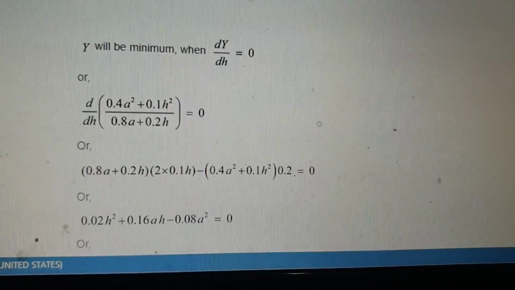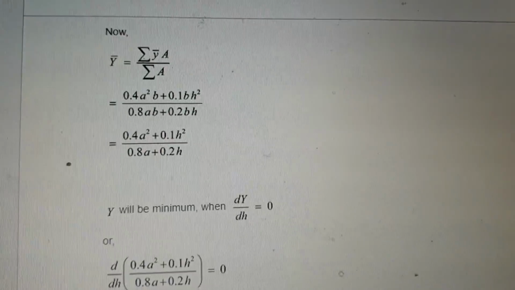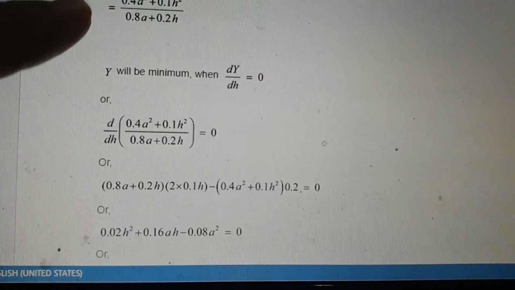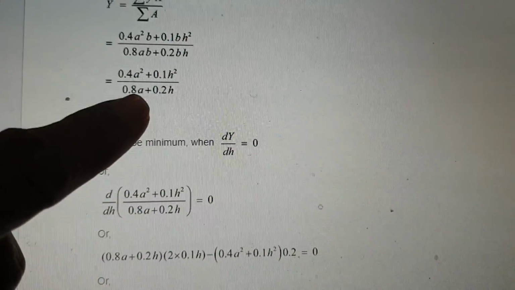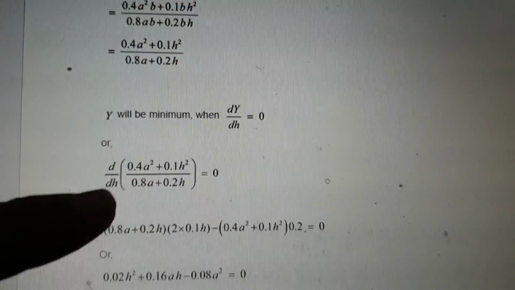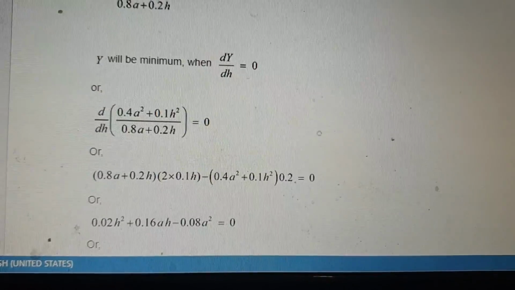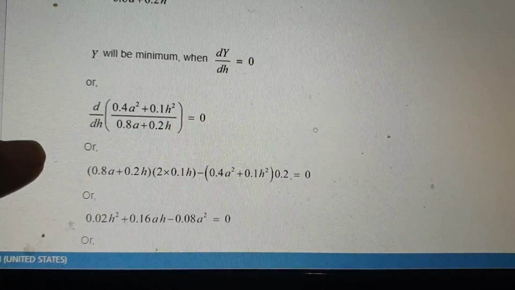Now for this, you have to find the derivative, dy over dh. So you're going to derive this one. You're going to find the derivative d over dh of this Y bar, and it will be equal to 0 if you want to find the minimum y. Okay. And if you want to find the derivative of this, you could do it like this.